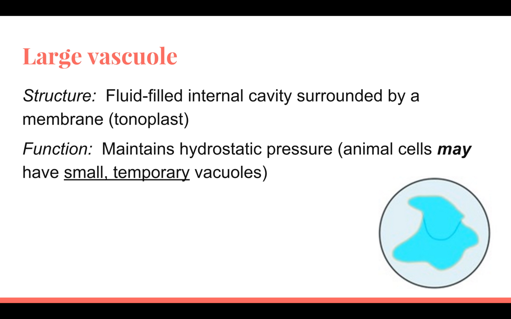The structure consists of a fluid-filled internal cavity surrounded by a membrane, and its function is to maintain hydrostatic pressure. This pretty much means it builds up the cell and keeps it standing, and it keeps the cell from bursting because that's where certain excess materials leave the cell.